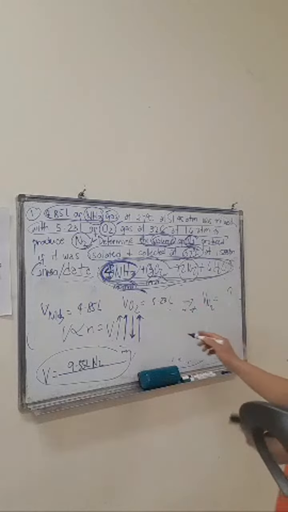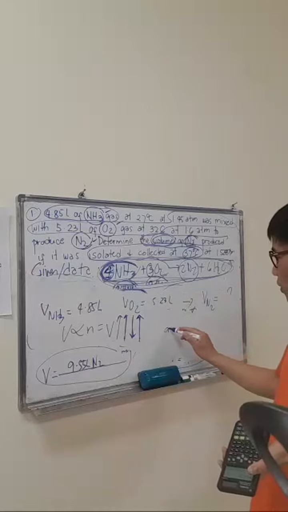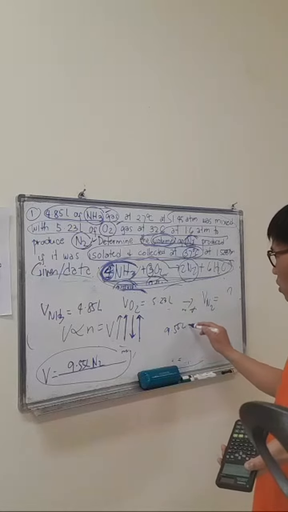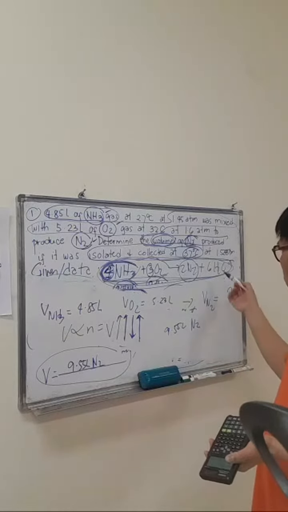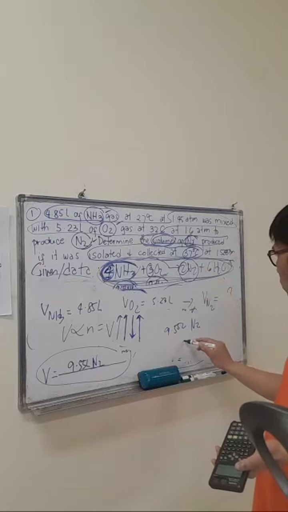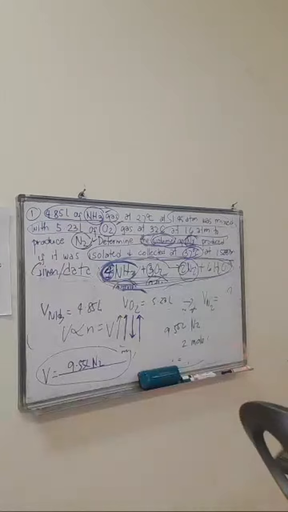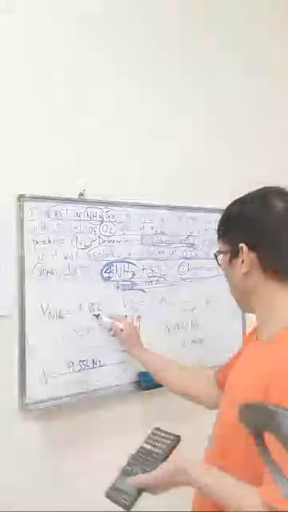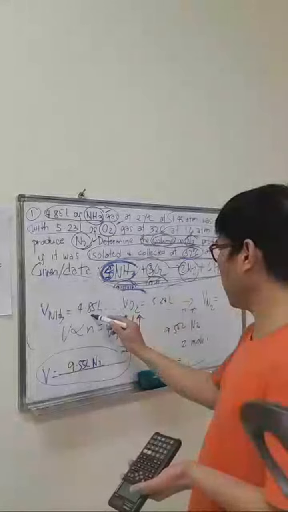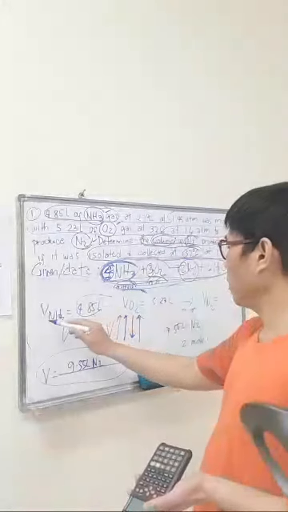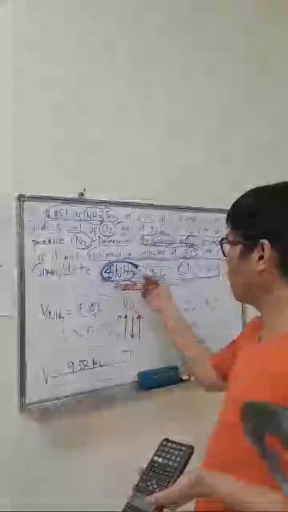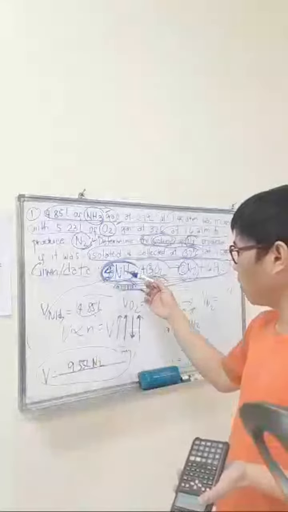Now, if I have 9.55 liters, this is the final round, okay, and I have 2 moles, so I have liters of volume. What is it? 0.28, right? 0.28. Okay? And then the ammonia is 4 moles.